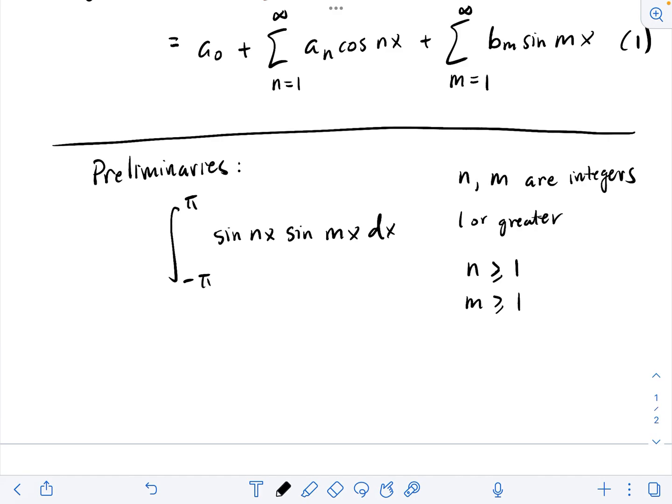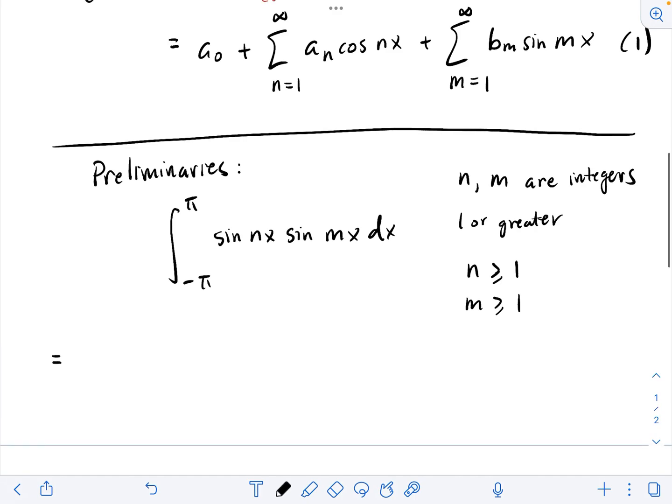So sine of nx would be e to the inx minus e to the minus inx, all divided by 2i. And then we could try to do that integral, and it would be relatively easy or straightforward because integrating exponentials is quite easy. Another way, which we'll do here, is we'll rewrite this product of sines using a trig identity.